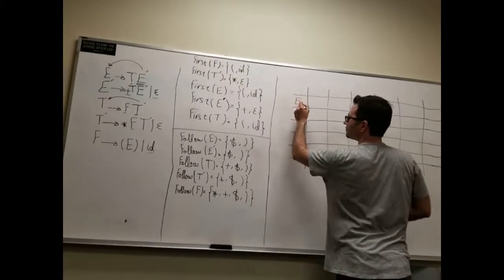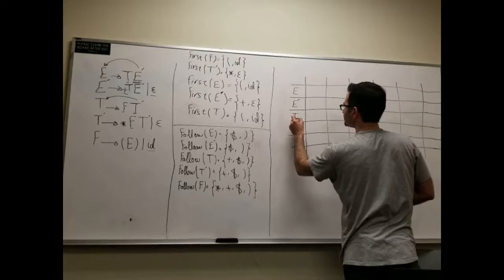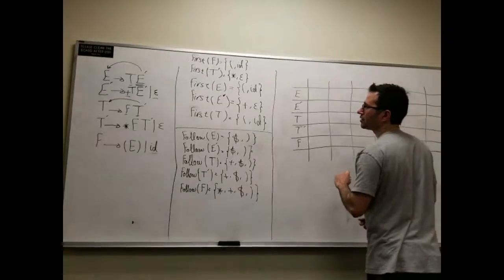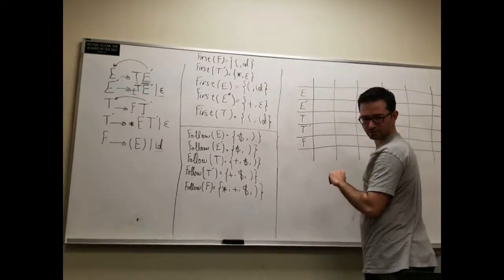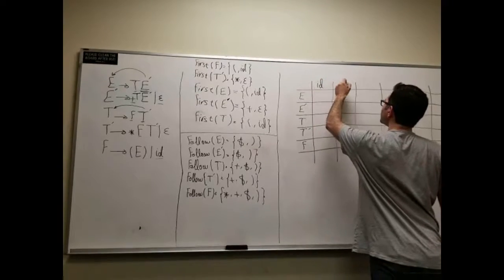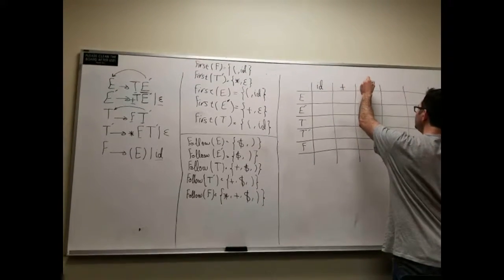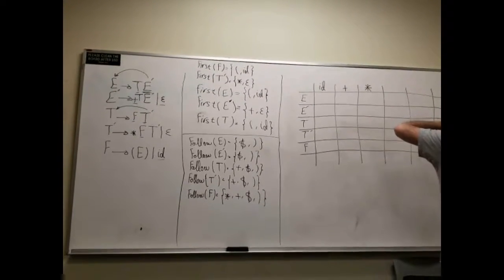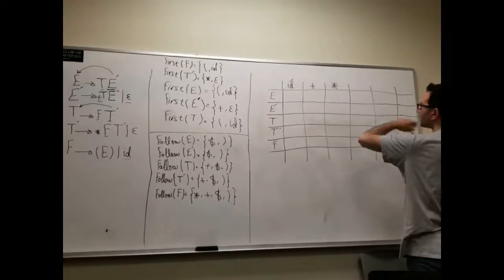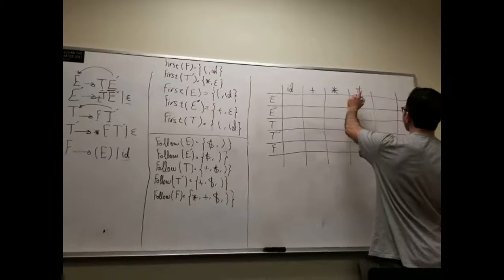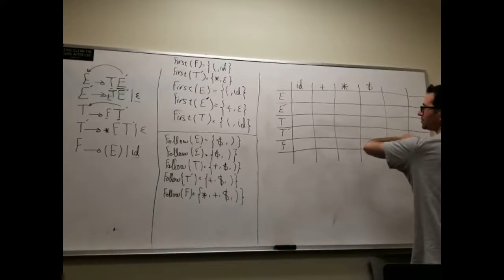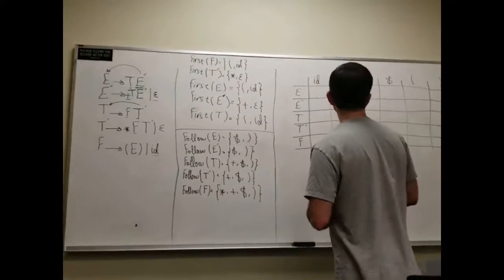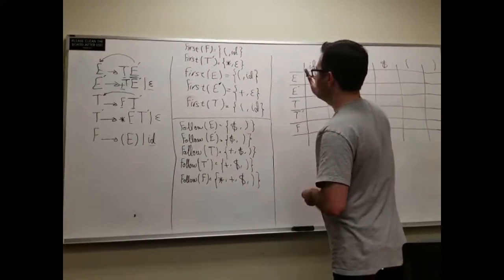So we have E, E prime, T, T prime, and F. And the terminals are ID, plus, star, and also we have dollar sign, and for the last one, open and close parenthesis.